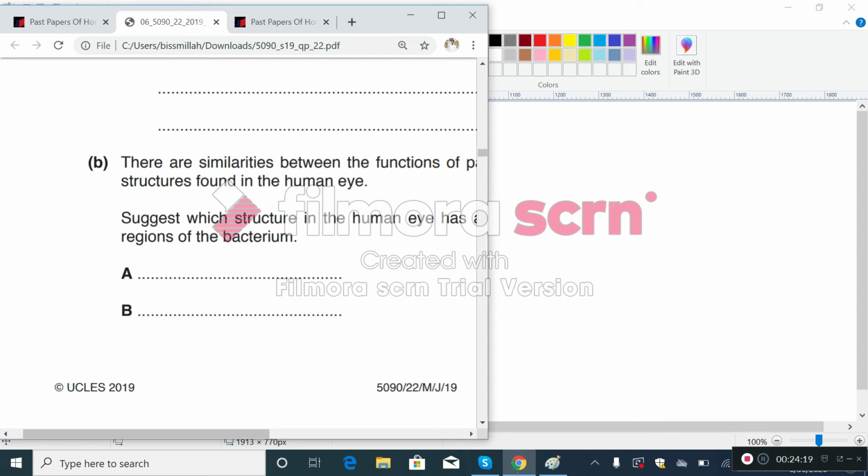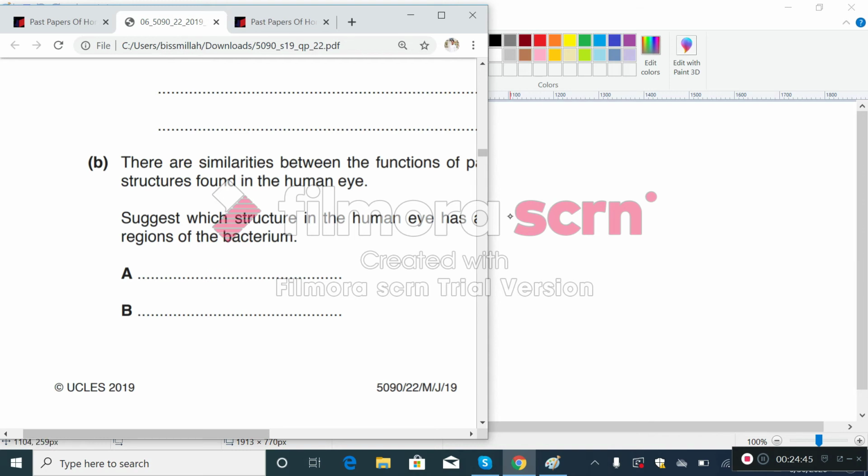Okay, in part A, we will link it with cornea, because in the human eye, cornea is a part from where the light will converge. It will enter into the eye, it will be converged, and finally it will pass through the pupil.